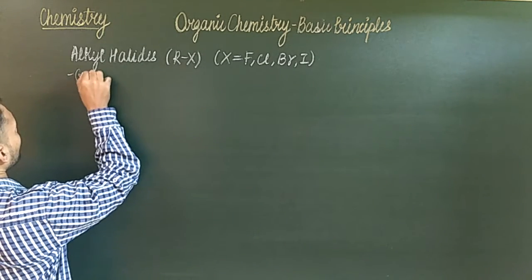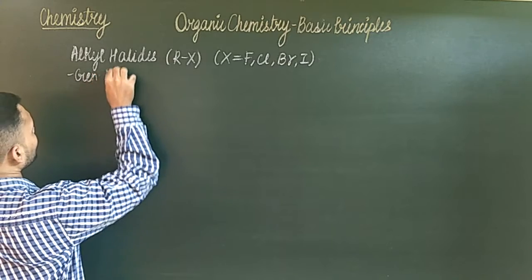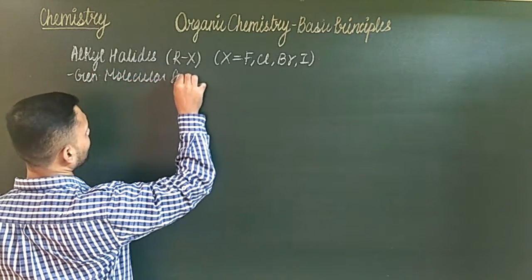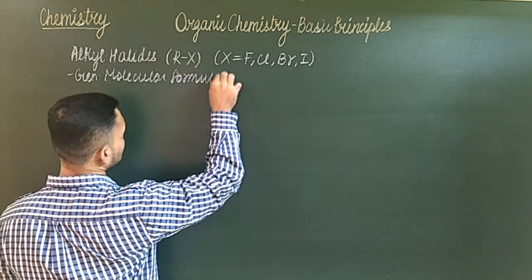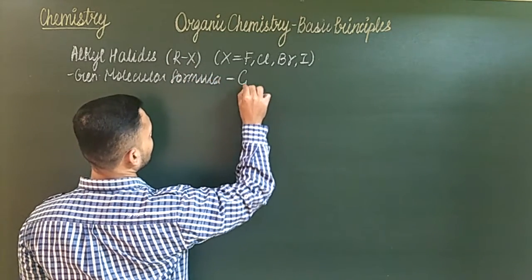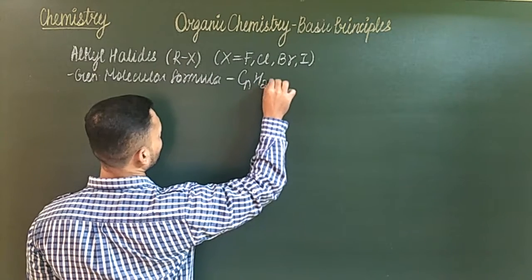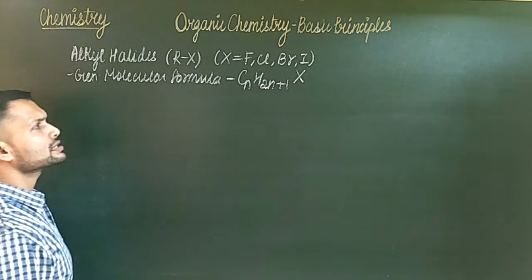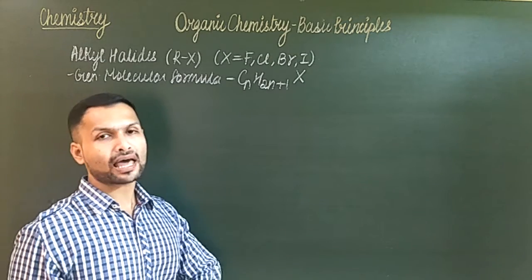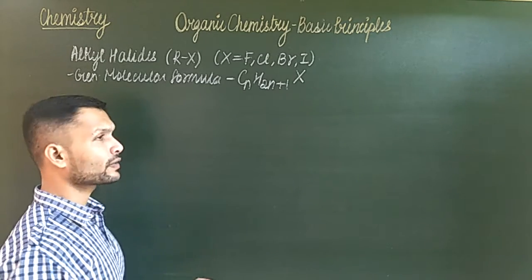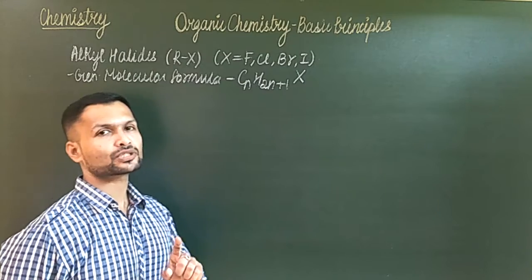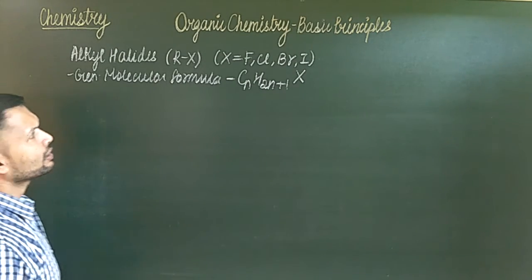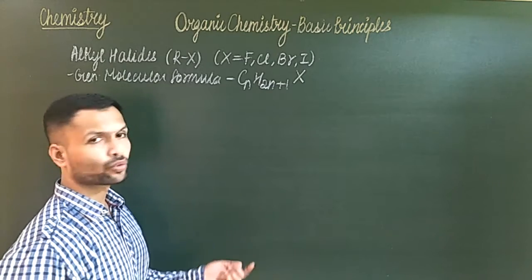Then the general molecular formula for alkyl halides is CnH2n+1X. Now remember, this is the molecular formula for a monohalogen derivative. It means if a carbon chain has only one halogen, this will be its general molecular formula. For more than one halogen, this won't work.